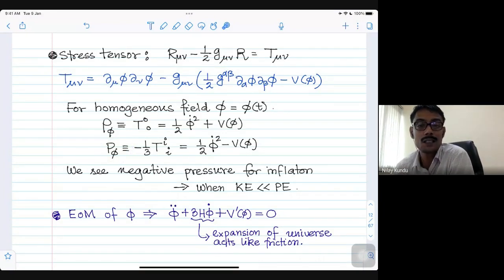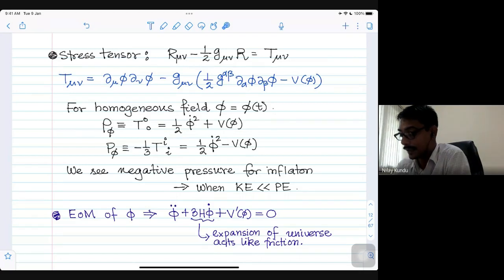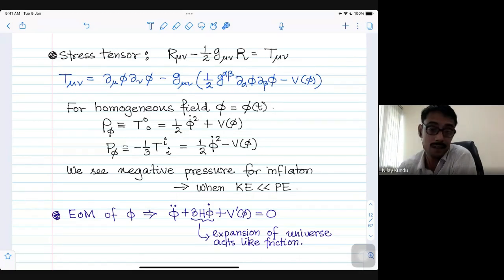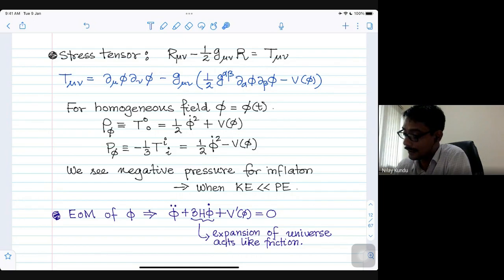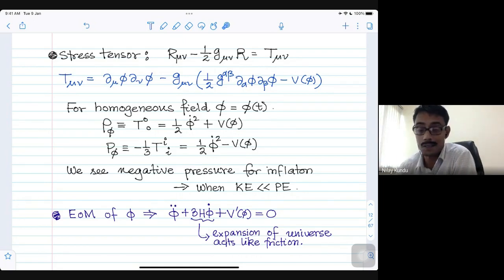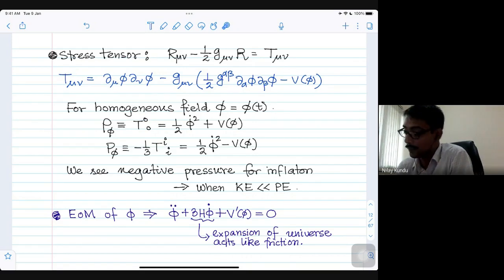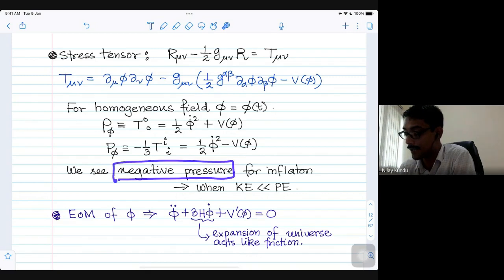This is the weird feature of inflation. It's not very natural to have particles or matter which have negative pressure. So this scalar field is a weird object which has this negative pressure.